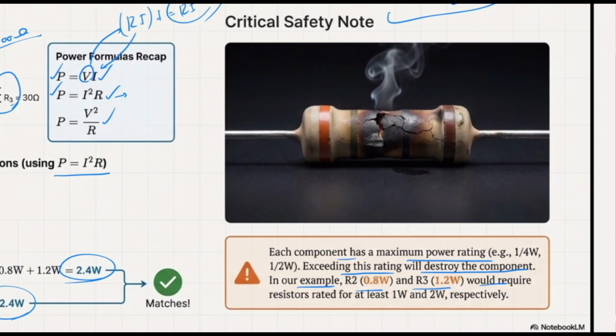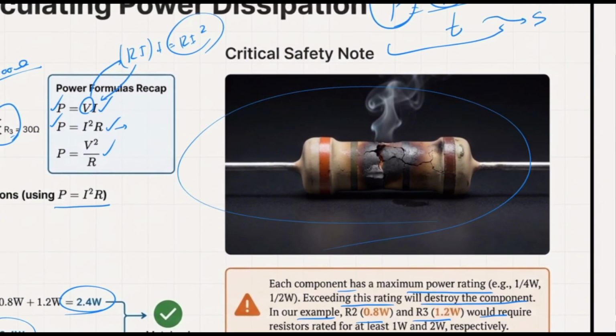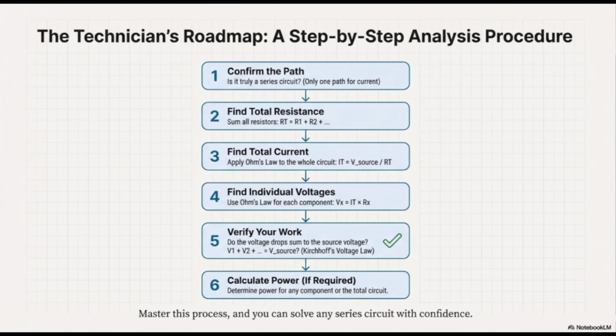These would require resistors rated for at least 1 watt and 2 watts. It means that if you don't have a resistor with the minimum rated power, your resistor is going to be burned. It's going to be something like this, based on the amount of power that is injected into that part.